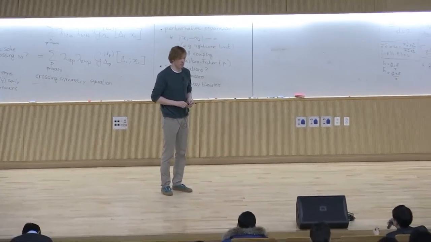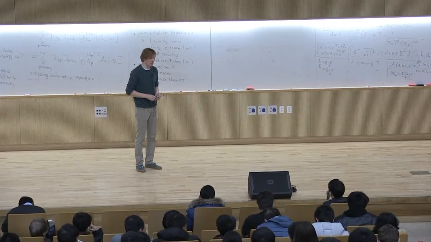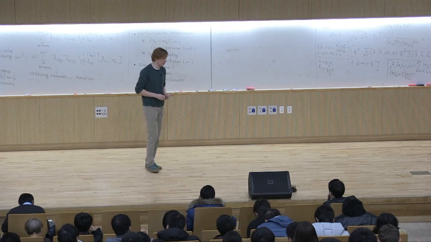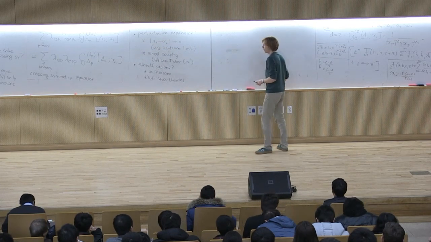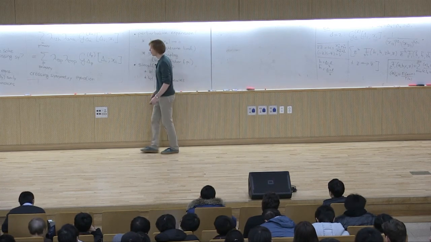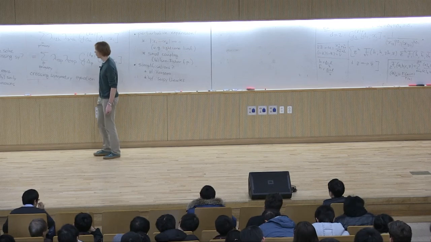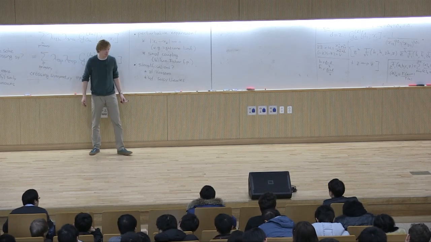So in order to know the full set of primary operators, do you need to define a specific theory, or you can? Yes. To know the set of primary operators, well, the full set of scaling dimensions is just theory dependent.